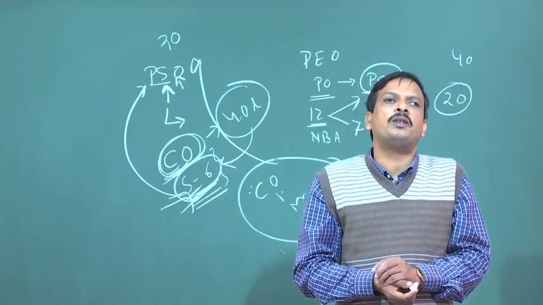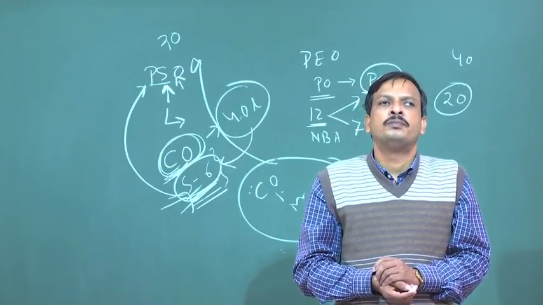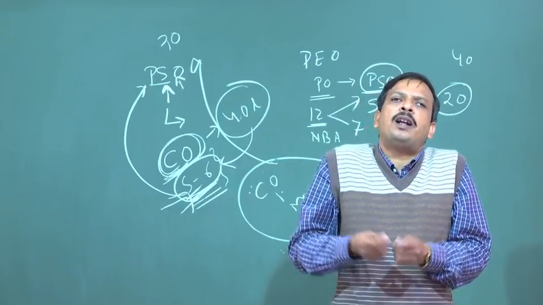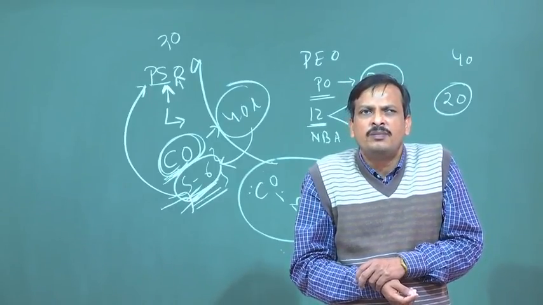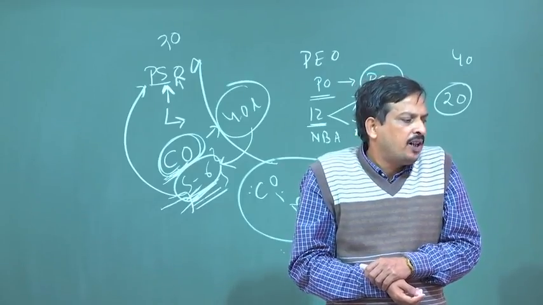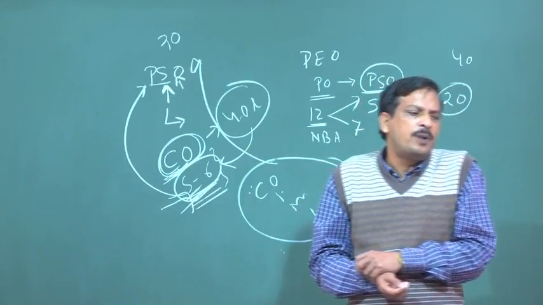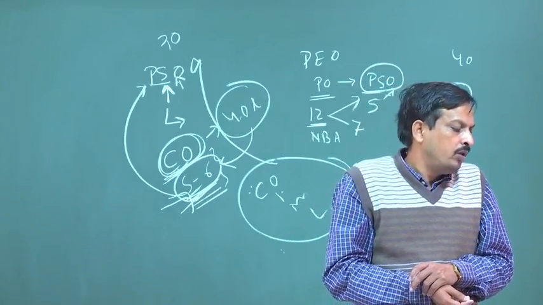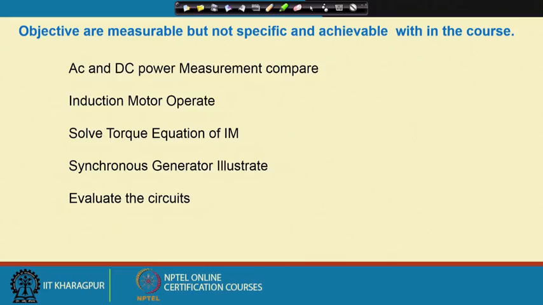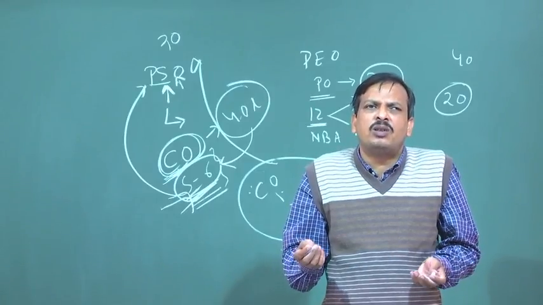Induction motor operate. So, you want to say operate an induction motor to the learner. Is it a course outcome? Cannot be. These objectives are measurable, but not specific and achievable within the course. Solve torque equation of IM. I do not know what order, what complexity, nothing is mentioned in the outcome.